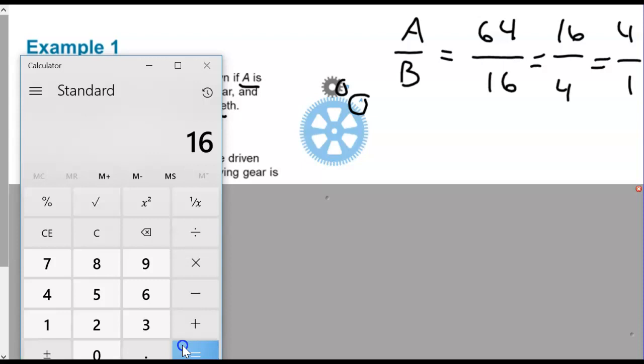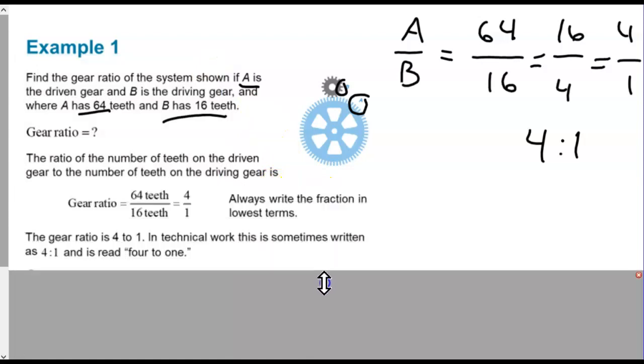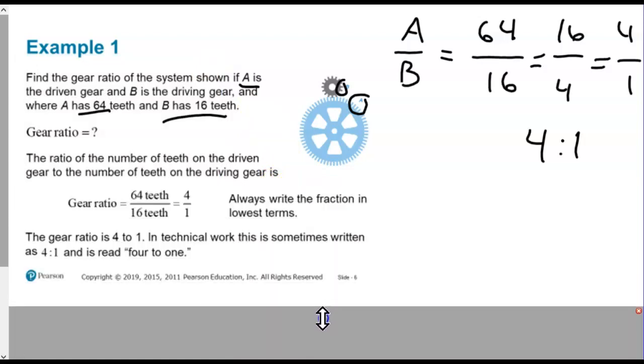So 4 over 1, that's a whole number. Or I can say this is a gear ratio of 4 to 1. See how it actually says that, in technical work, it's described as 4 to 1.